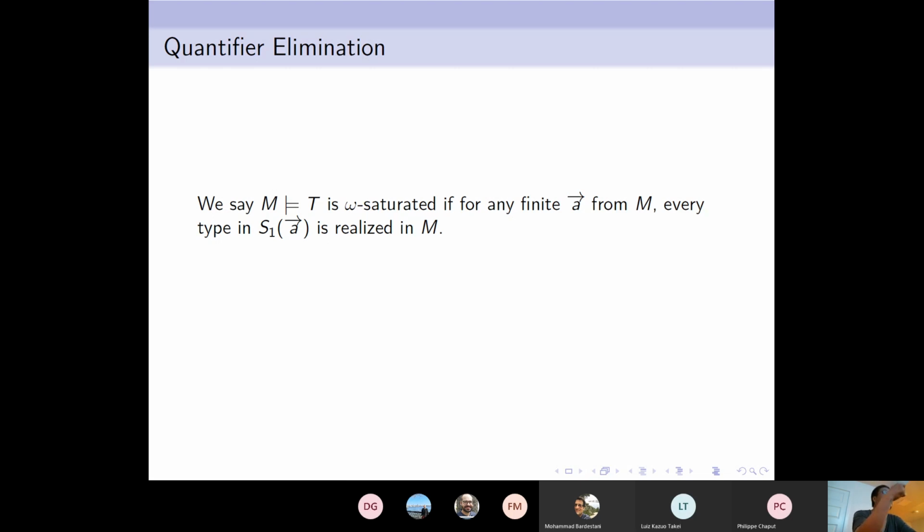Corresponding to the Nullstellensatz, that means we can find a common element that satisfies all polynomials in this ideal. So that's the relationship between the model theory and the Nullstellensatz.